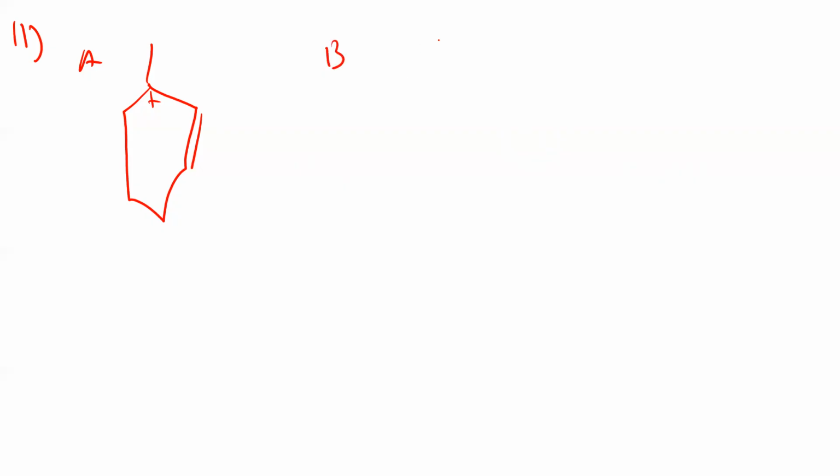I don't want to show the movement, otherwise some students might get confused about drawing the arrow there, so we won't do that. But just know that this is going to jump here. Like I said, I don't want to confuse anyone. And then it wants us to draw the product, so product A looks like this.